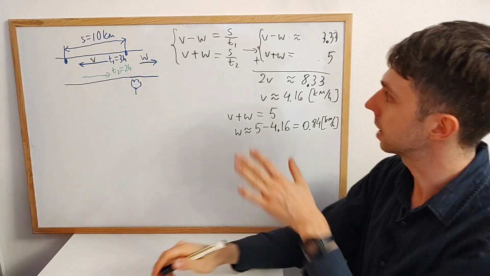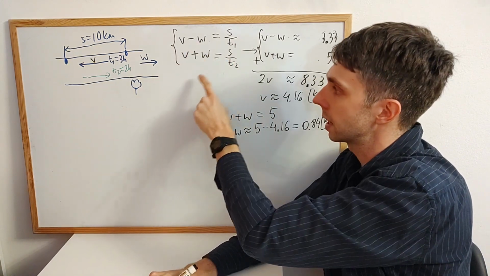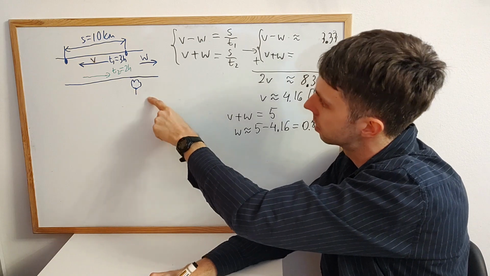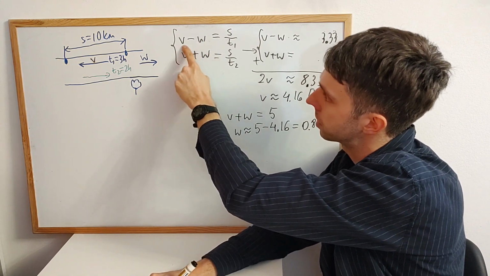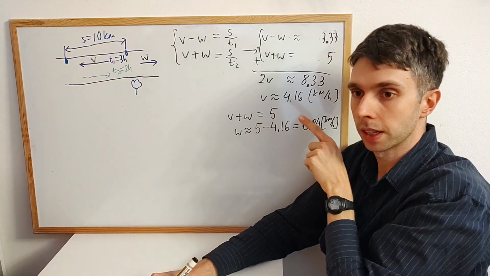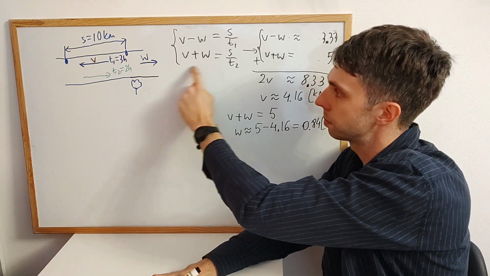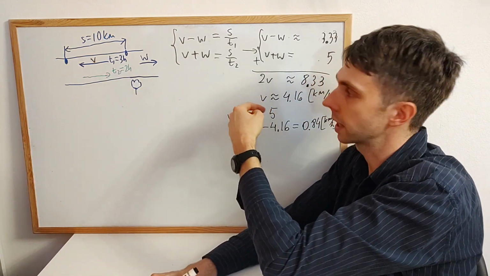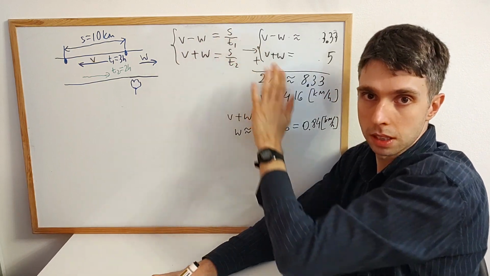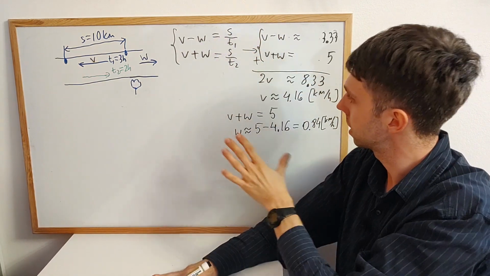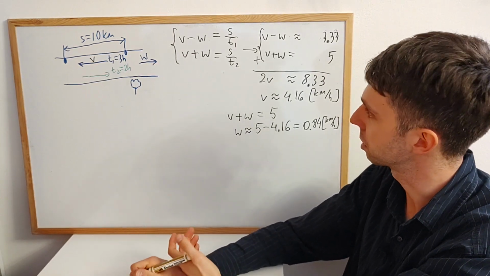So the idea is that the speed relative to the edge of the river is obtained by subtracting when he goes against the current, and you add these two speeds when he goes with the current, and then it's just speed equals distance over time, and then it's solving mathematical calculations.